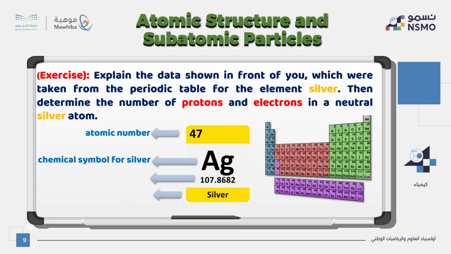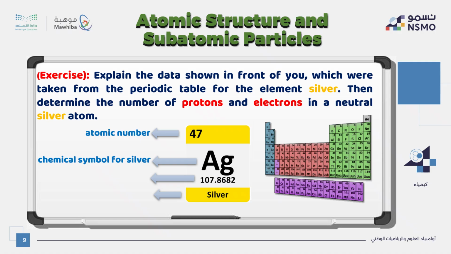In a neutral silver atom, the number of electrons equals the number of protons, so it also has 47 electrons. The value 107.8682 shown is the relative atomic mass of silver, which represents the average mass of silver atoms found in nature.